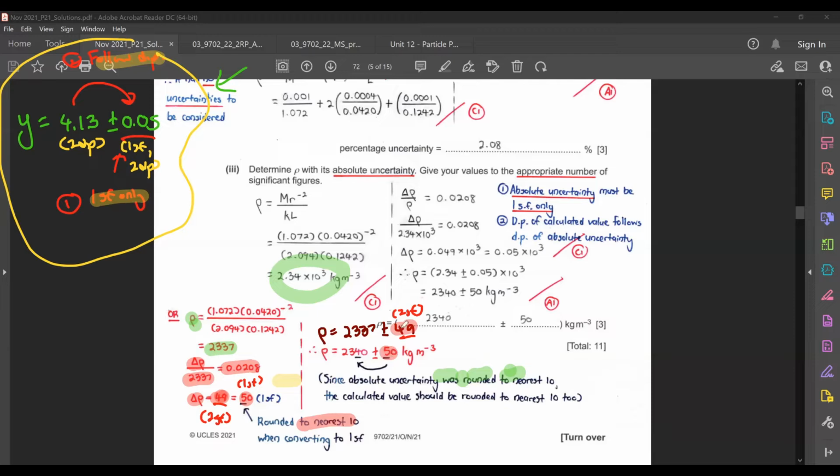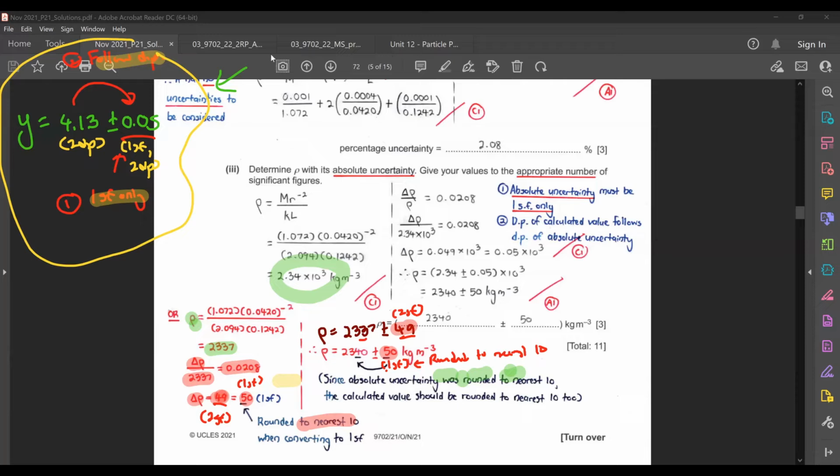But in the process of changing from 2SF to 1SF, this one was rounded to the nearest 10. So since it's rounded to the nearest 10, my calculated value must also be rounded to the nearest 10.